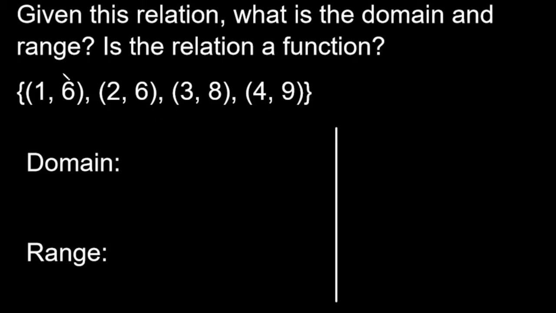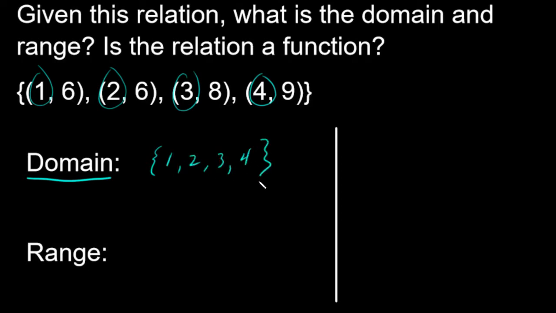Okay, so domain is just the set of all x values. So that is 1, 2, 3, and 4, all the x values. That's it. So your domain would be 1, 2, 3, and 4. These things here are called braces, just as an FYI. These things are called braces, and they denote sets.